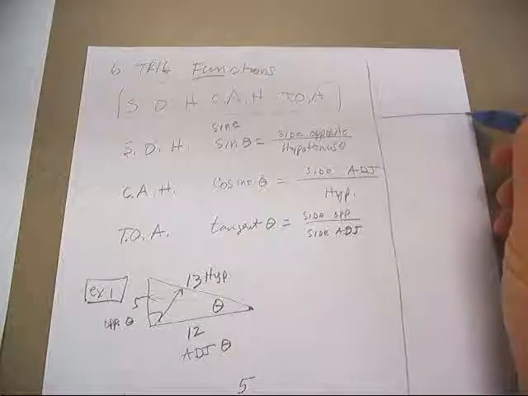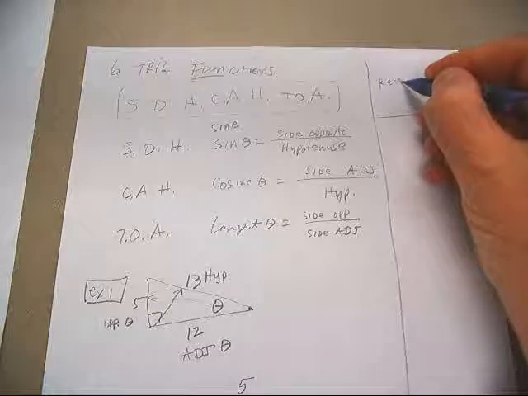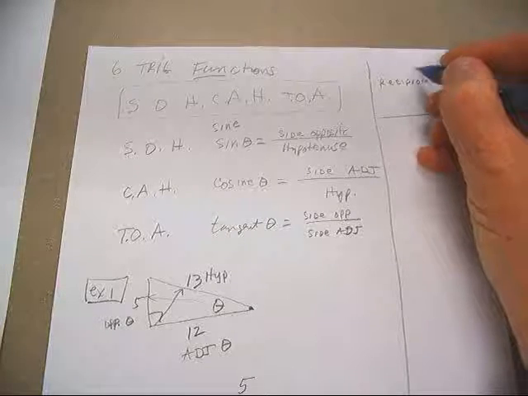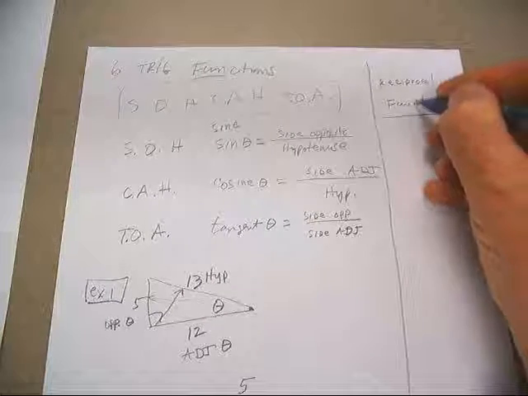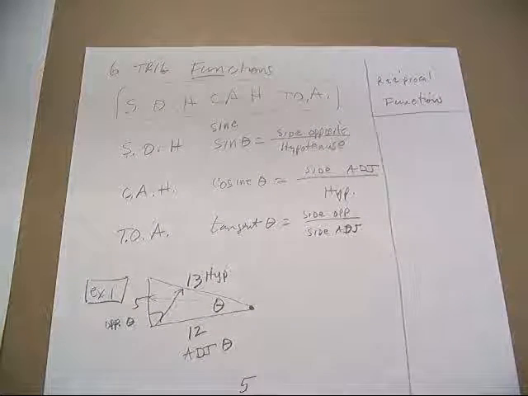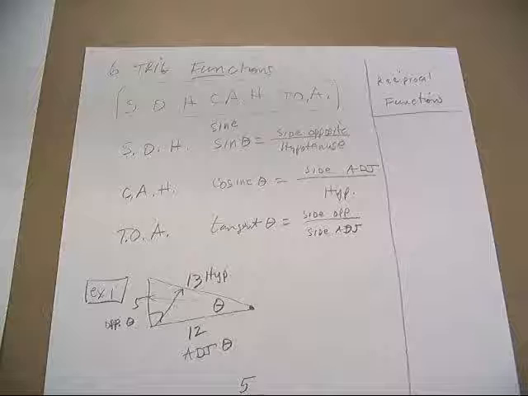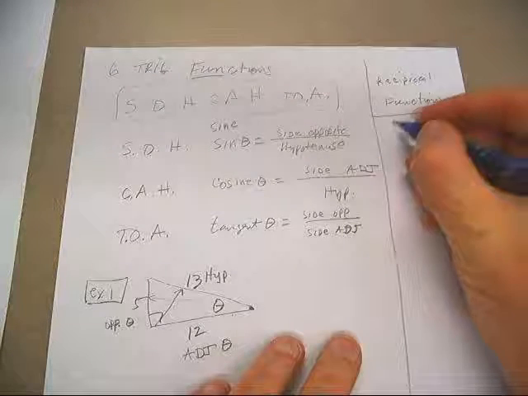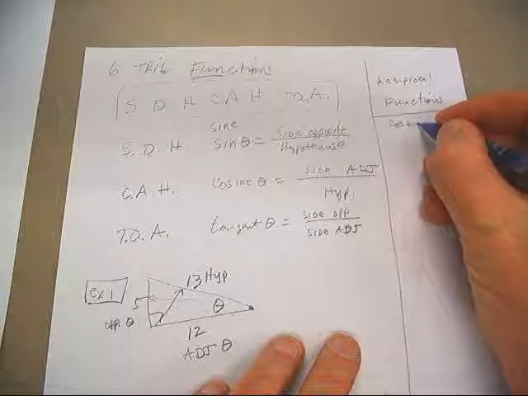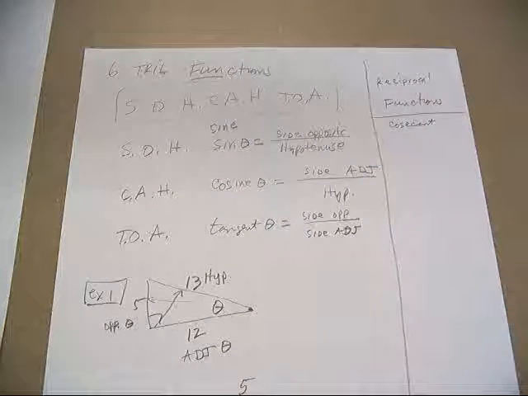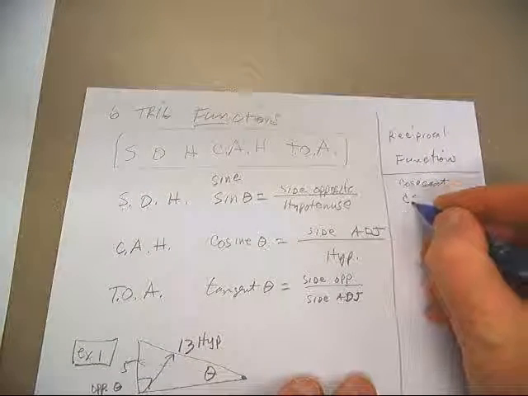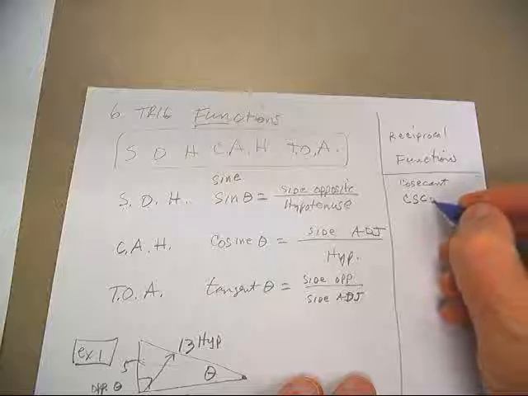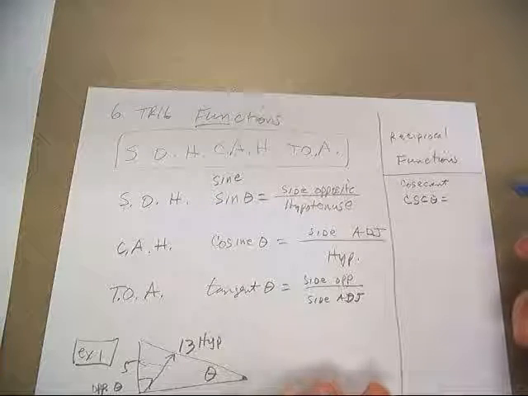Okay, so these other 3 are called reciprocal functions. The first one is called cosecant. C-O-S-E-C-A-N-T. It's abbreviated CSC of theta.